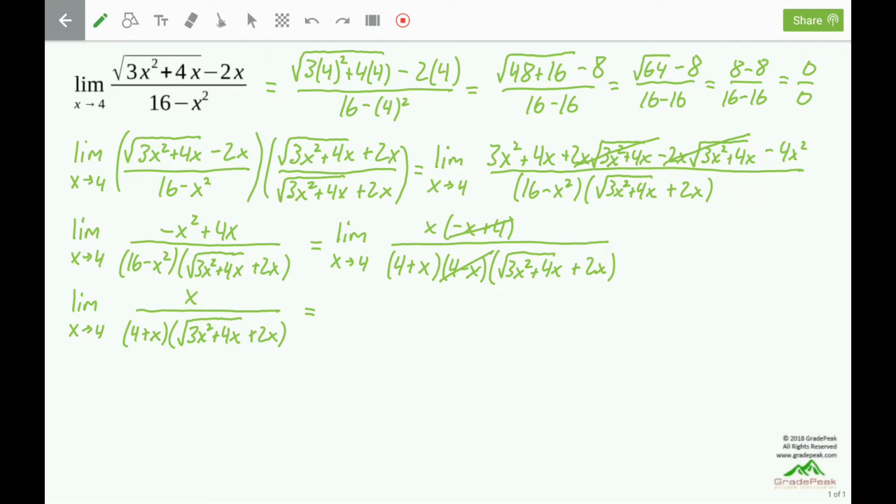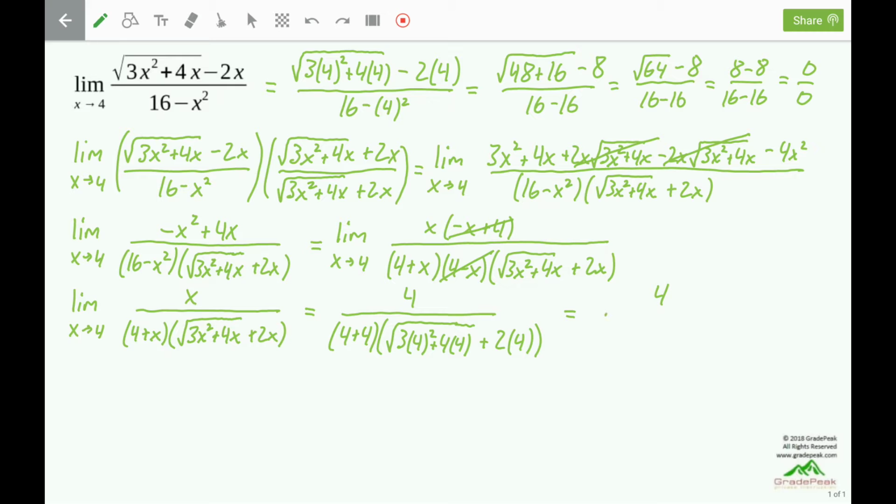We should no longer have the 0 over 0 indeterminate form, so we can now plug a 4 in for each of the x's, and that will give us 4 over 4 plus 4 times the root of 3 times 4 squared plus 4 times 4, and then all of that added to 2 times 4.